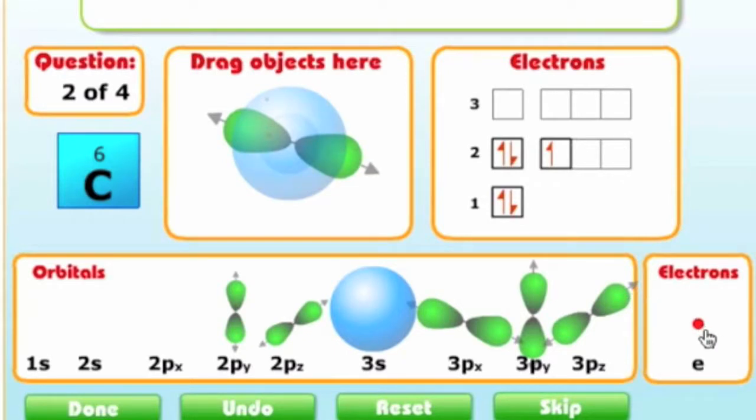So we put another electron in another p orbital, our 2py orbital, and remember that they're going to have the same spin in the same direction according to Hund's rule. Now we are done. We've added a total of 6 electrons. So we're going to have 1s2, 2s2, and 2p2. But the 2 electrons in the p sublevel are going to be in 2 different orbitals and have the same spin.